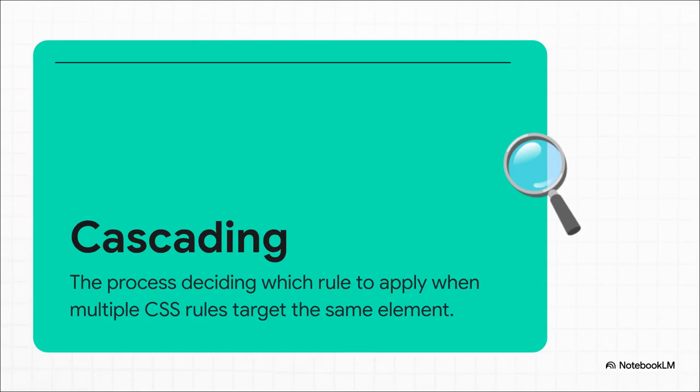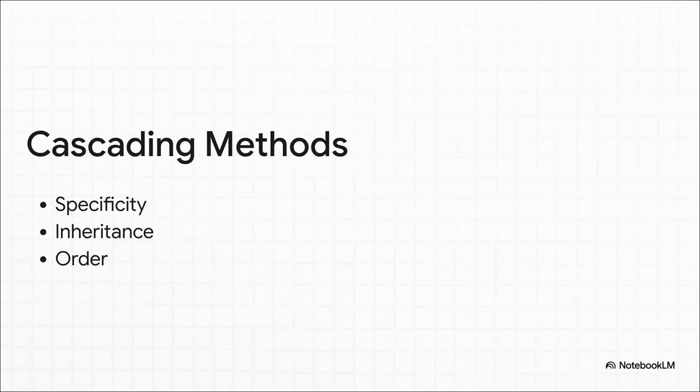Think of it as the ultimate CSS rulebook. To make that final decision, the browser's cascade relies on 3 main tiebreakers: specificity, inheritance, and the order of declaration. Inheritance just means the child element will naturally take on the styles of its parent unless you tell it otherwise. But let's look a little closer at the other 2, starting with the order of declaration.